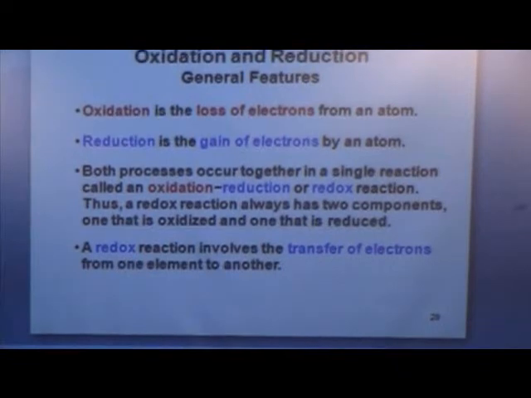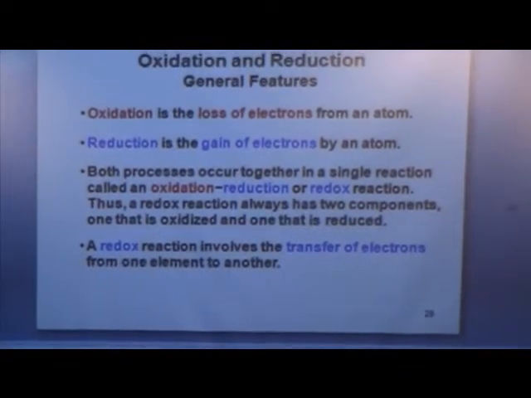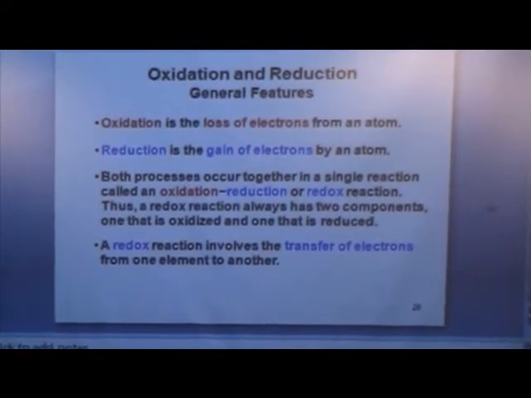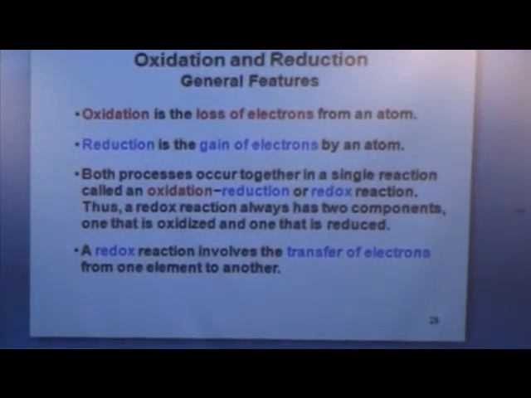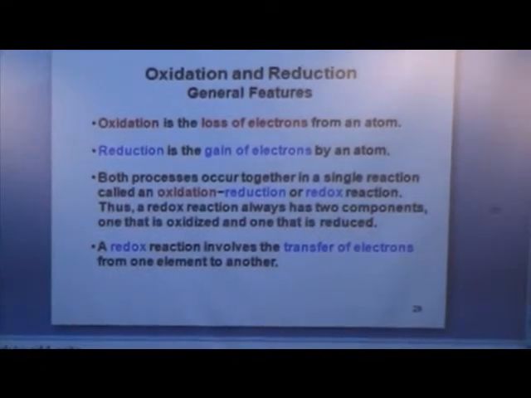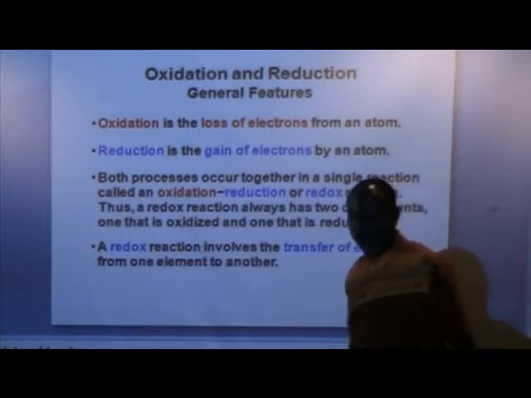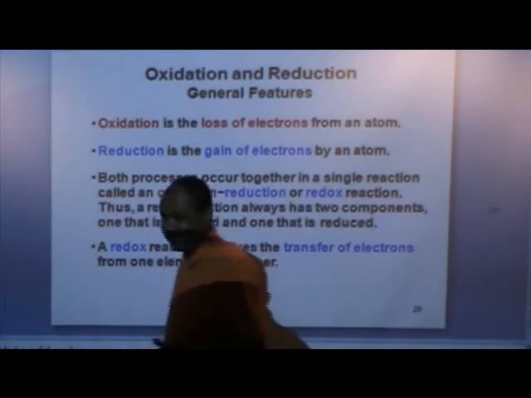We're going to discuss types of reaction. We have oxidation and reduction. What does oxidation mean? Oxidation is the loss of electrons from an atom. A simple definition is that oxidation is combining with oxygen, but it's very limited.